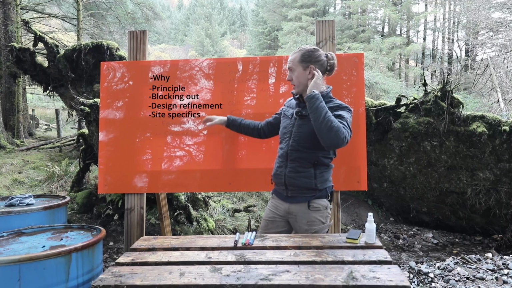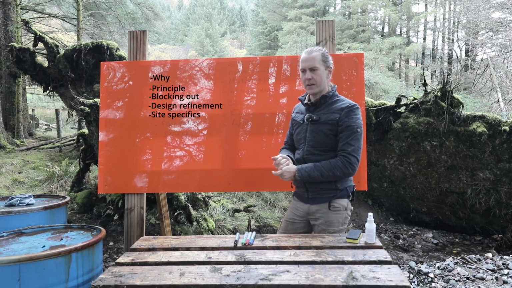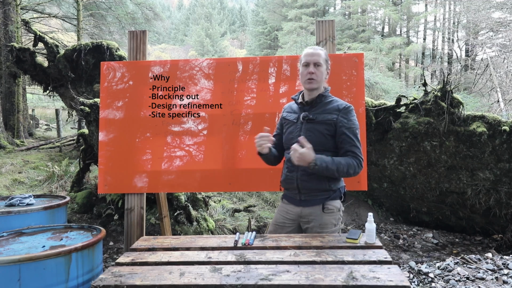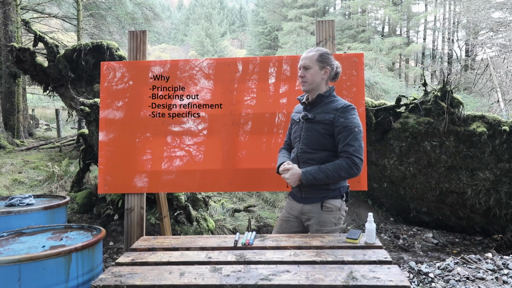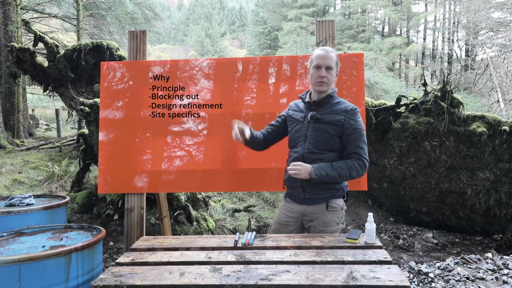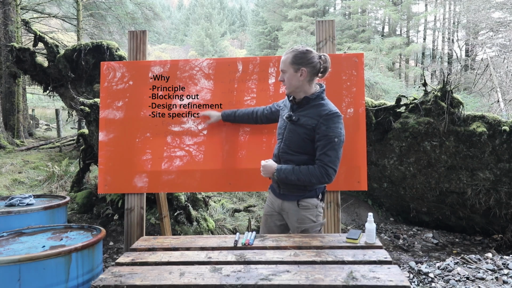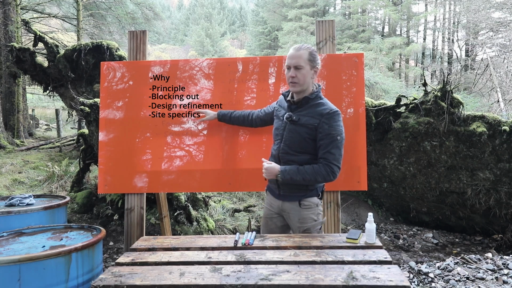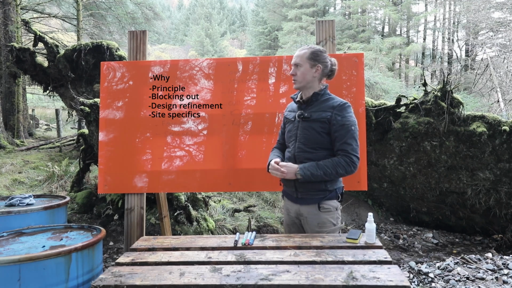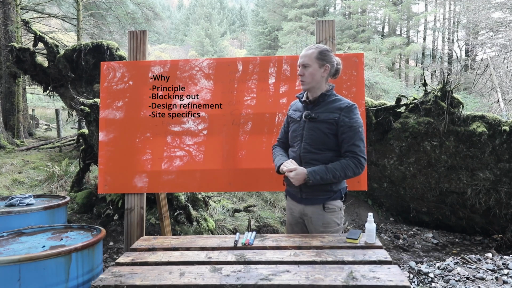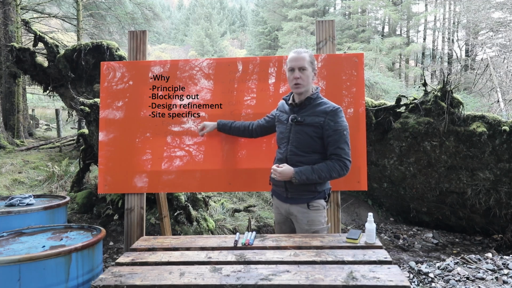So I usually work with the principle first and then come to site specifics, which are things like gradients, weather, orientation, ground conditions, distance from the road, all of those bits that will affect the design. And once you've got that in, you've got a basic idea, like what are you trying to work towards and what are your conditions. So then you can start the actual how-tos.